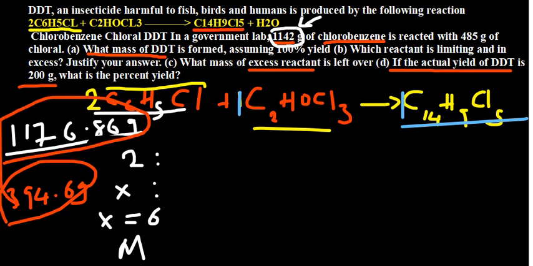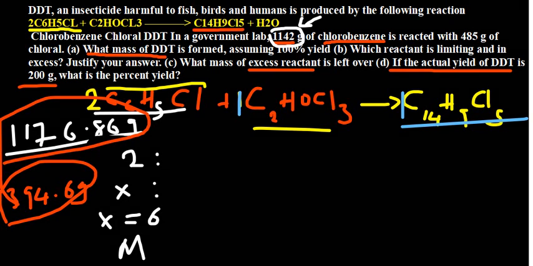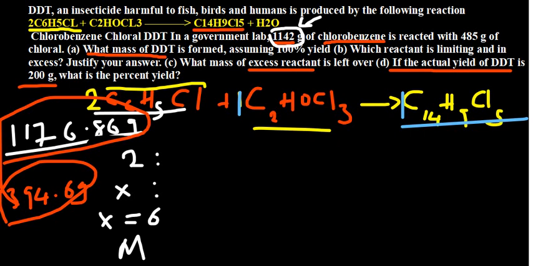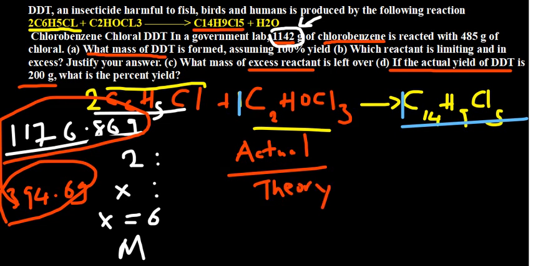1176. So it's going to be the actual over the theoretical yield multiplied by 100%. So the actual we've been told is 200 grams.